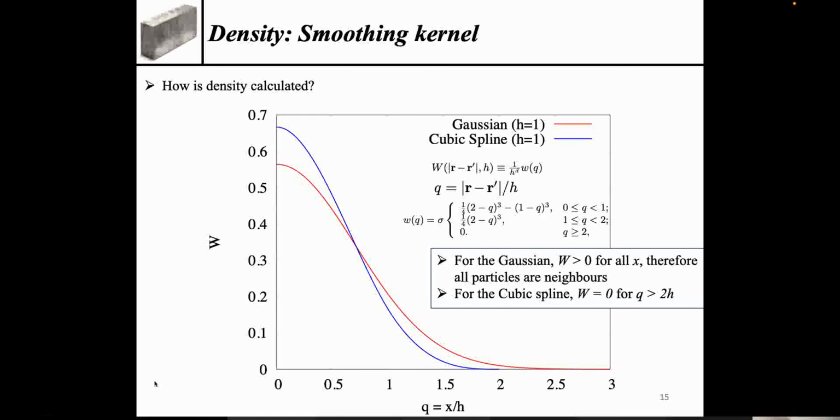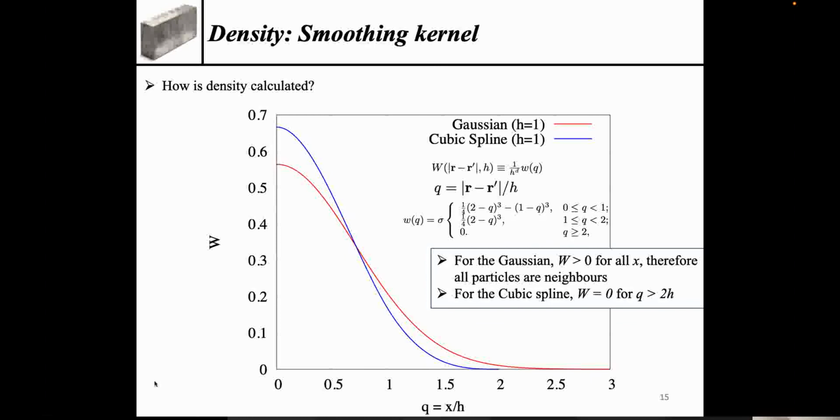This is actually a piecewise function, and the input parameter is essentially the ratio of the distance to the particle you care about and the smoothing length. If it's between 0 and 1, we have this top line. If it's between 1 and 2, it's the middle line. And most importantly, if you're greater than 2 away, then it's 0.